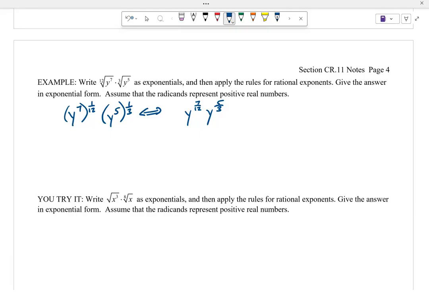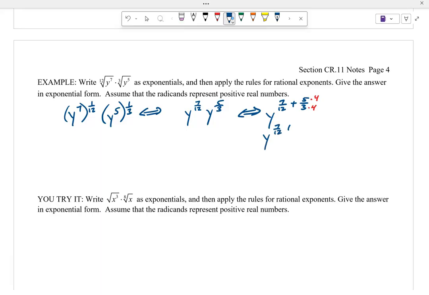And now I'm using the rule a to the m times a to the n is a to the m plus n, right? I'm going to add those exponents. I got the same base there. So I got 7/12 plus the 5/3. Well, in order to add fractions, I got to have a common denominator. So this common denominator is going to be 12. So let me multiply by 4 on that.